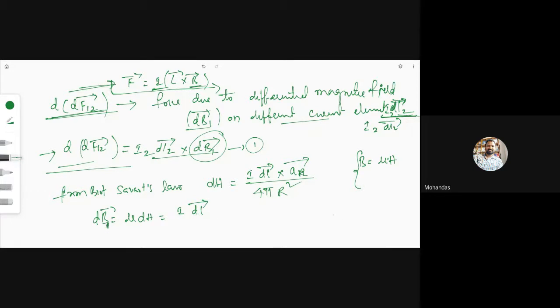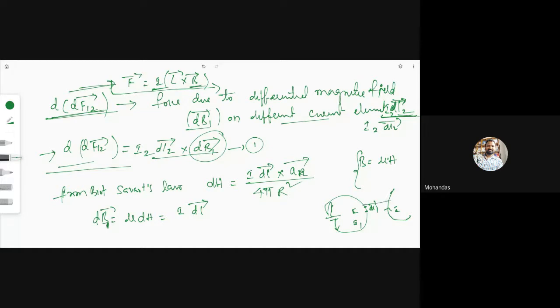Okay, so I have to take the loop as first loop 1, which carries the current I1, and this is dl1, and this is I into dl2, and this is loop 2, and current I is flowing in this direction. And what is the R?